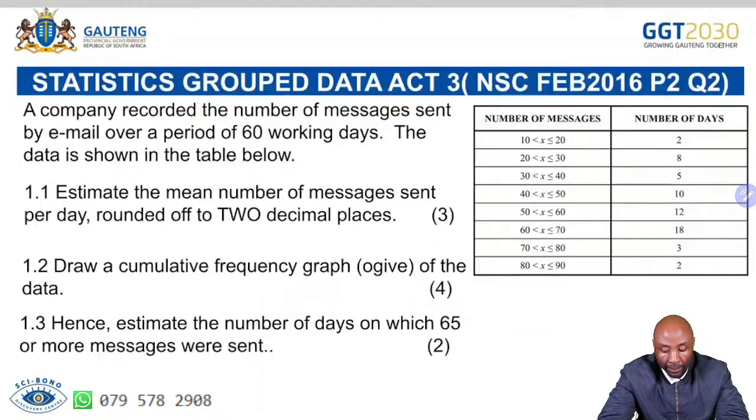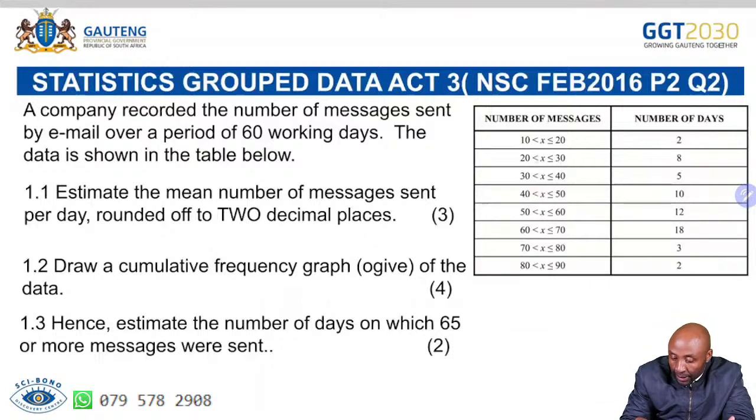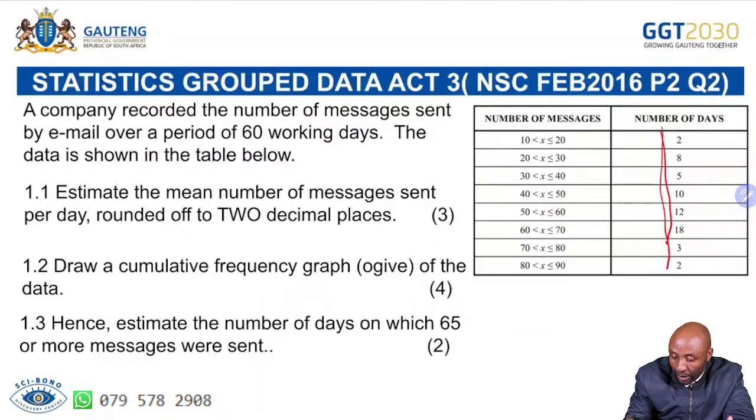Now, for us to calculate the estimated mean, remember we said we must get our midpoints. To get our midpoint, we add the data items in our interval: 10 plus 20 is 30, divided by 2, so we get 15, 25, 35, 45, 55, 65, 75, and 85.